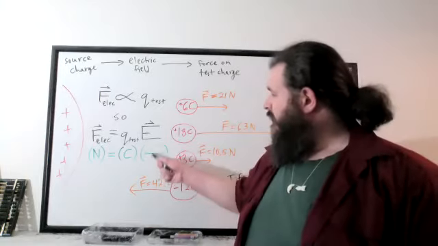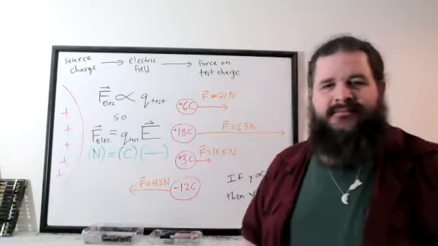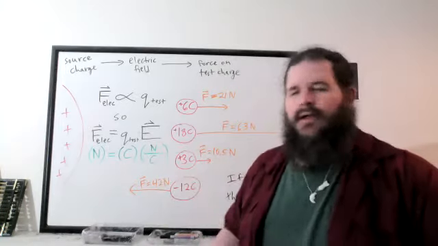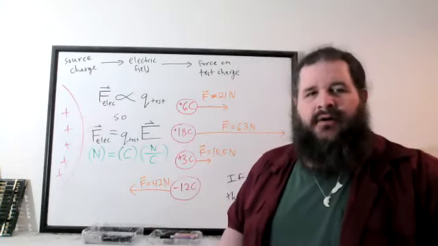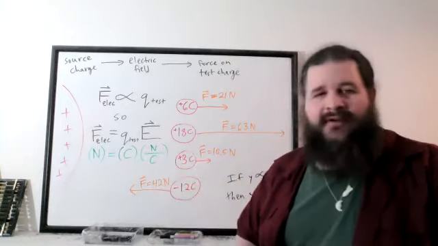What would the numerator and denominator here have to be to make this equation work? Yeah, that's got to be newtons over coulombs, newtons per coulomb. So this is one way of writing the units of measurement for the electric field. There are other ways as well by manipulating the units, but newtons per coulomb will work fine for now.